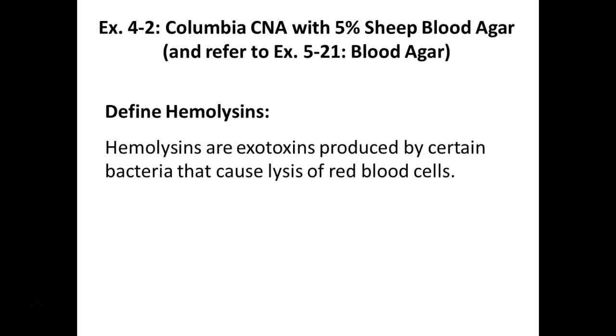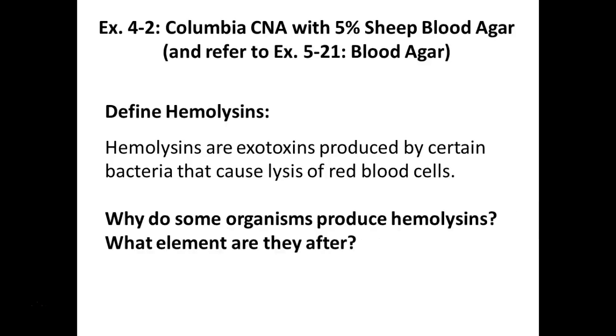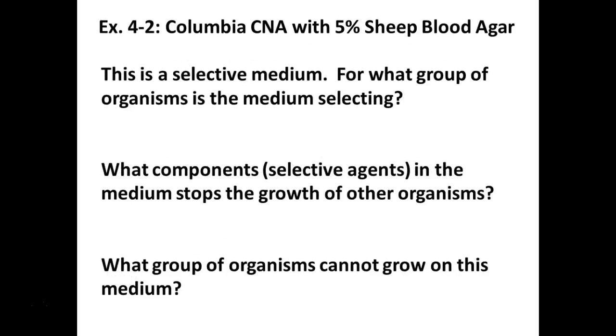So these are exotoxins that will lyse red blood cells. Why do they produce this? What element are they after that's in high concentrations in our cells? Remember, elements are things on the periodic table. Carbon, hydrogen, oxygen, iron. They're after iron. They need it for their metabolism too.